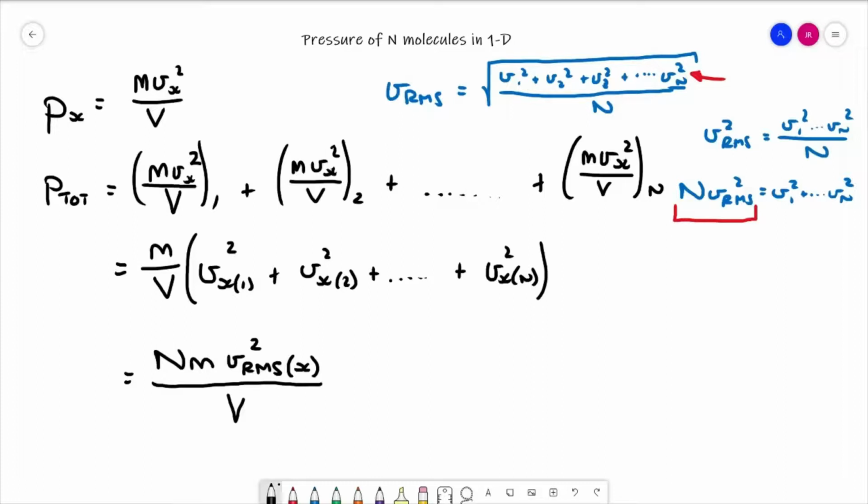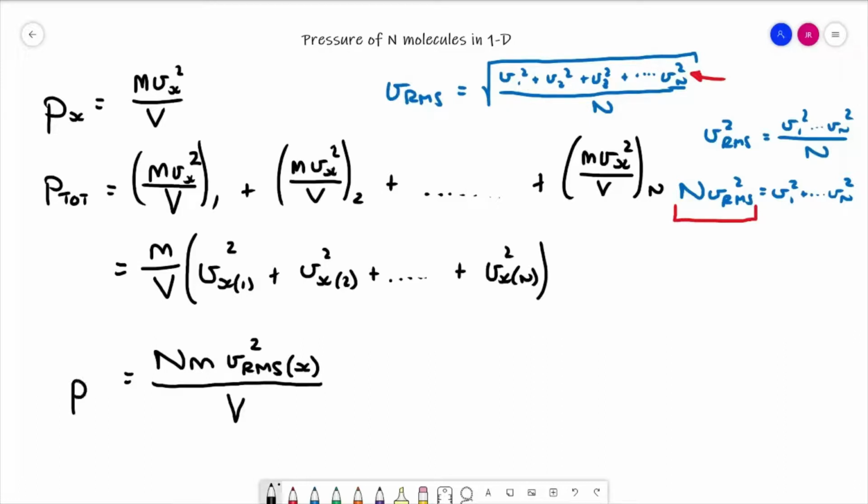Now, what we could do if we wanted to look at all the different dimensions, the molecules moving in the y direction and molecules moving in the z direction, is go all the way back to the start and repeat all of this, but hopefully you can see that we're going to end up with the same answer every time.